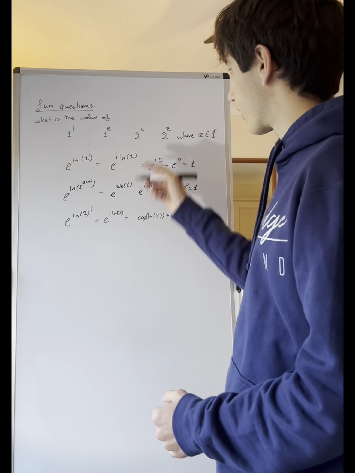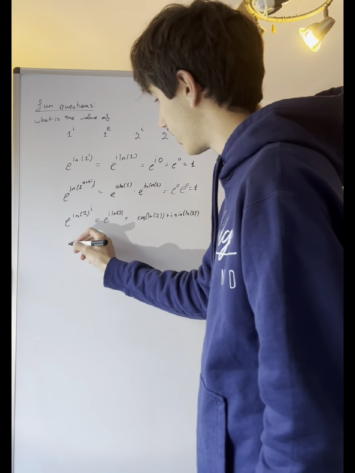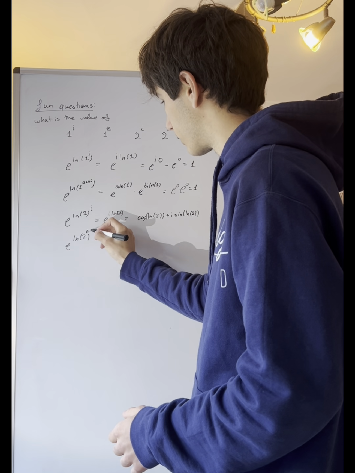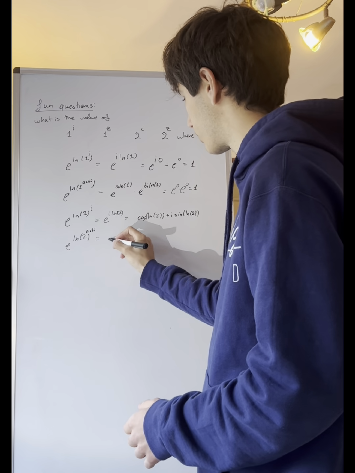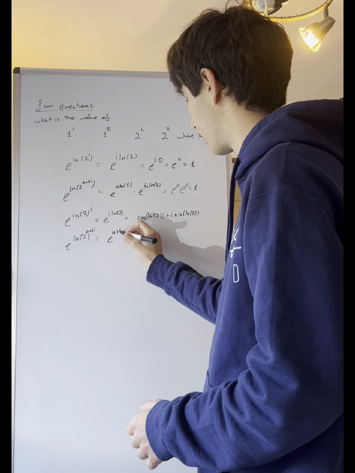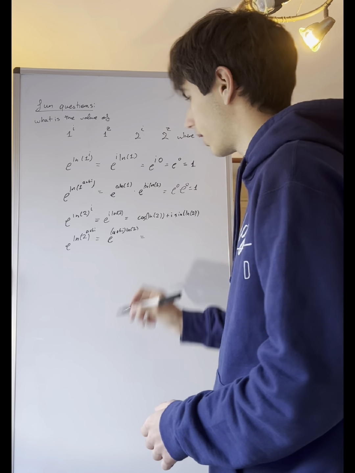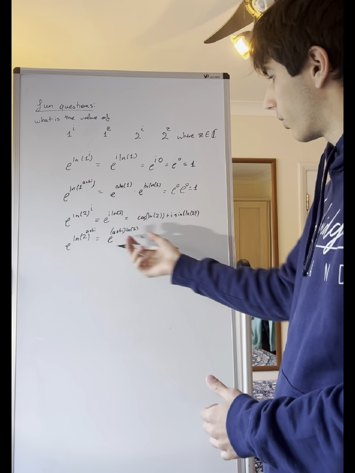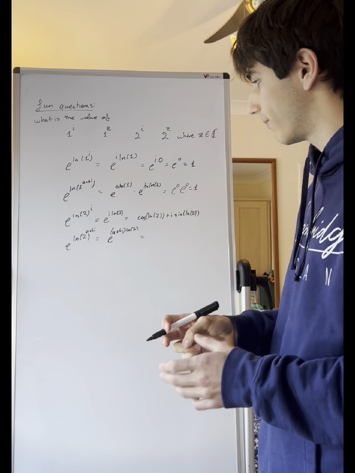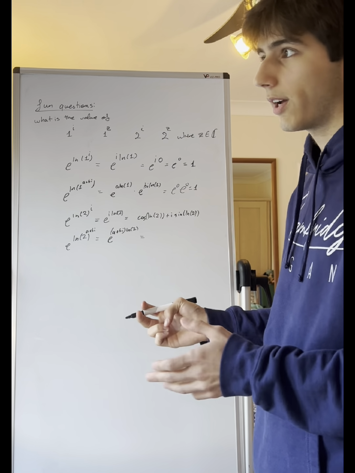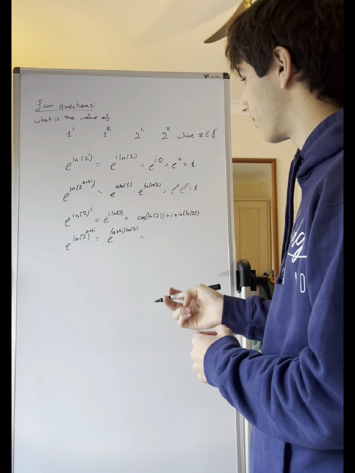So now let's work on the next one. So e to the natural log of 2 raised to a plus bi, which becomes e to the a plus bi times the natural log of 2. And this is going to have one component which is real and one component which is imaginary, or complex. Sorry, not entirely imaginary, but complex.